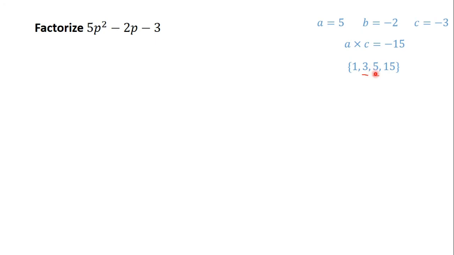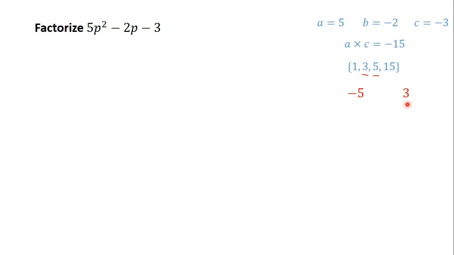If we negate 5, that is, if we have minus 5 and 3, minus 5 plus 3 will give us minus 2. Minus 5 times 3 will give us minus 15. So the two numbers are minus 5 and 3.